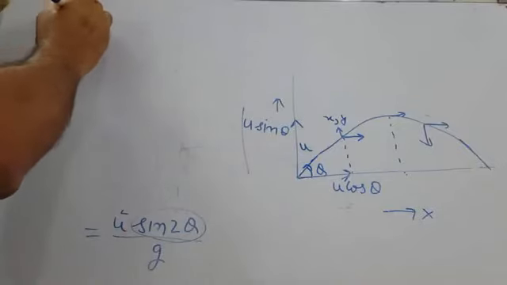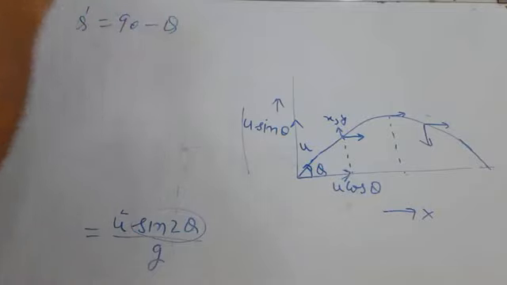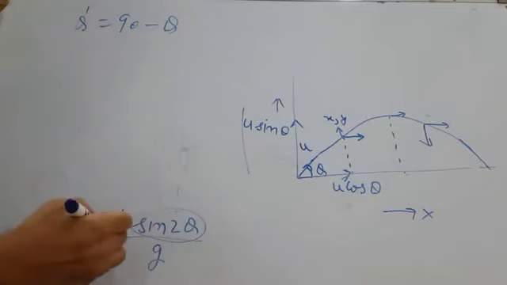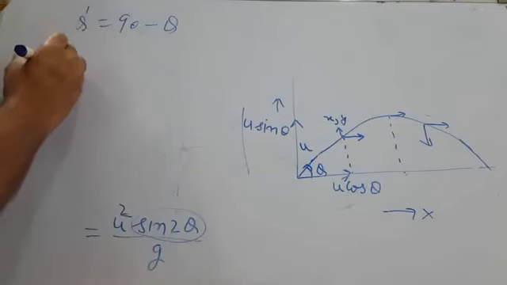Suppose angle theta prime is 90 minus theta. For angle theta, the horizontal range was given by u square sine 2 theta upon g. Now we are changing this angle theta to theta prime, which is 90 minus theta. So what will be R prime?